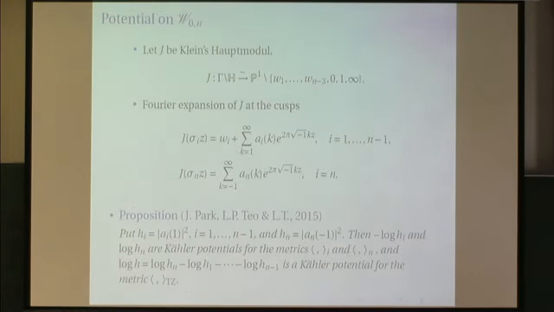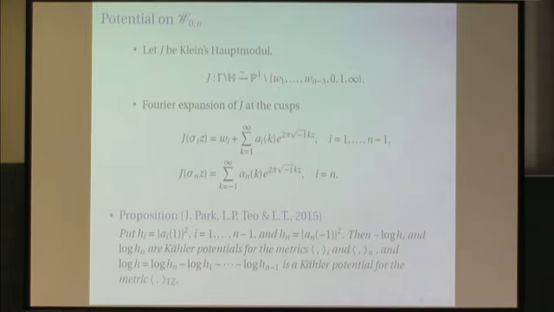And now let's discuss potentials for this matrix on the configuration space first. And then let's consider another classical object, Klein's Hauptmodul. Hauptmodul is essentially the function which describes the covering of your genus 0 Riemann surface by the hyperbolic plane.